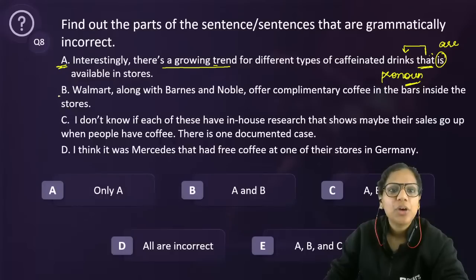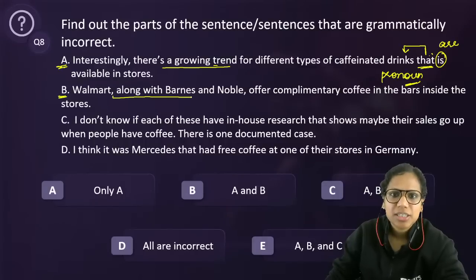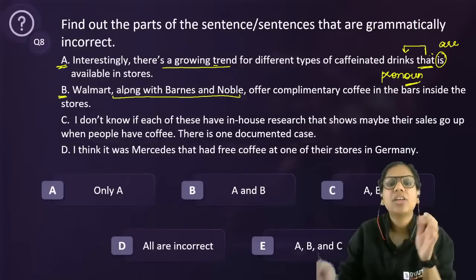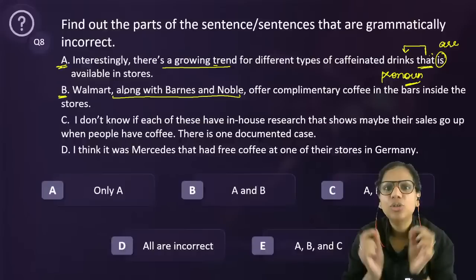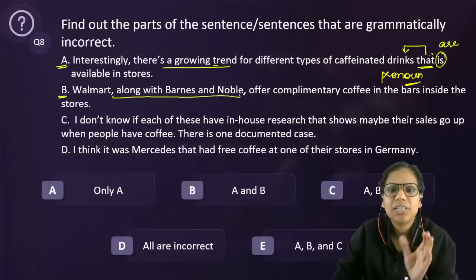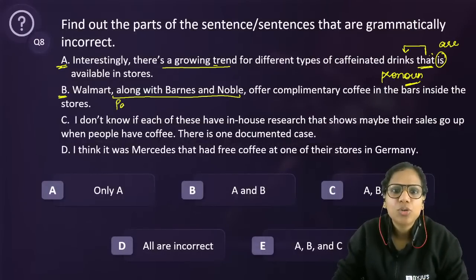Now, B says Walmart along with Barnes and Noble. Look at this. So, this comes in between these two commas. When I put some information between two commas in English, these two commas are called parenthetical commas. Parenthesis, all of you understand?